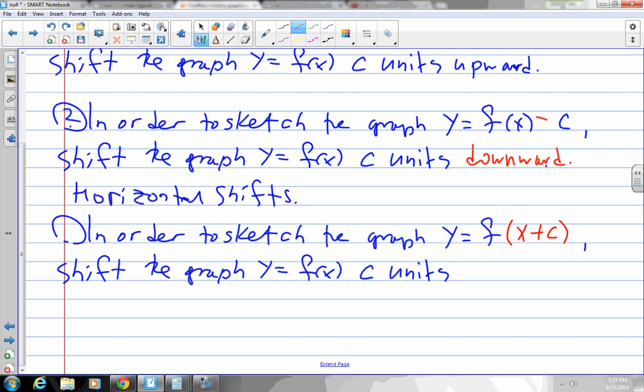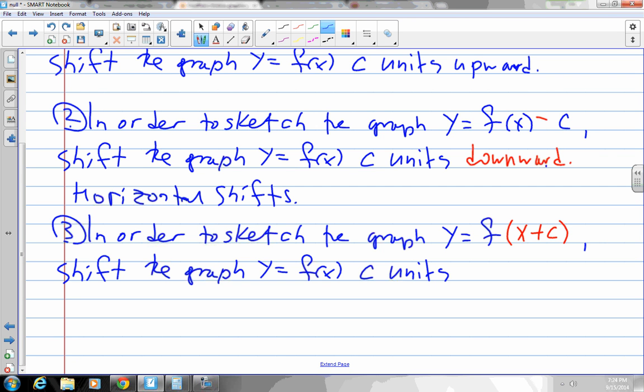So don't write the rest of it, but in order to sketch the graph of y equals f of x plus c. Now notice the difference, how I'm adding a constant on the inside. Right? So I'm messing with the independent variable, I'm messing with the x, so all the changes occur horizontally.